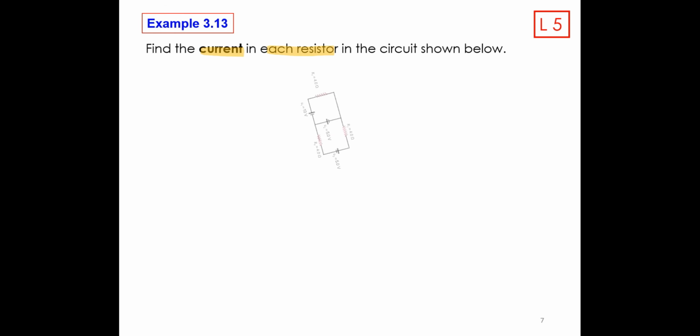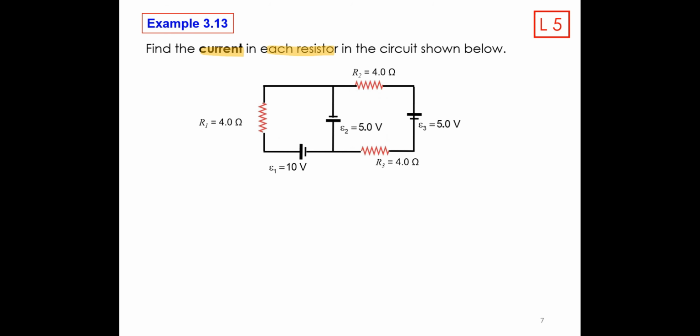Now let's discuss example 3.13, and we need to find the current in each resistor in the circuit shown below. This is our diagram given to us.